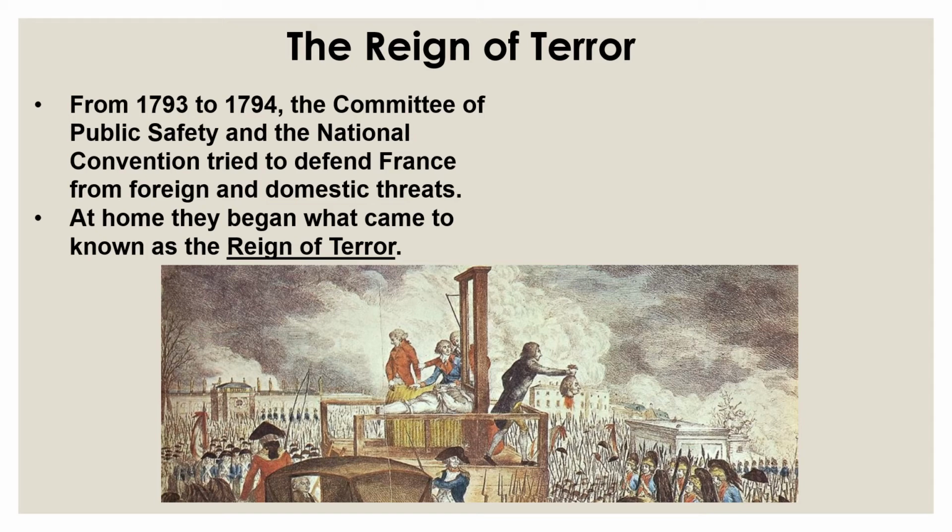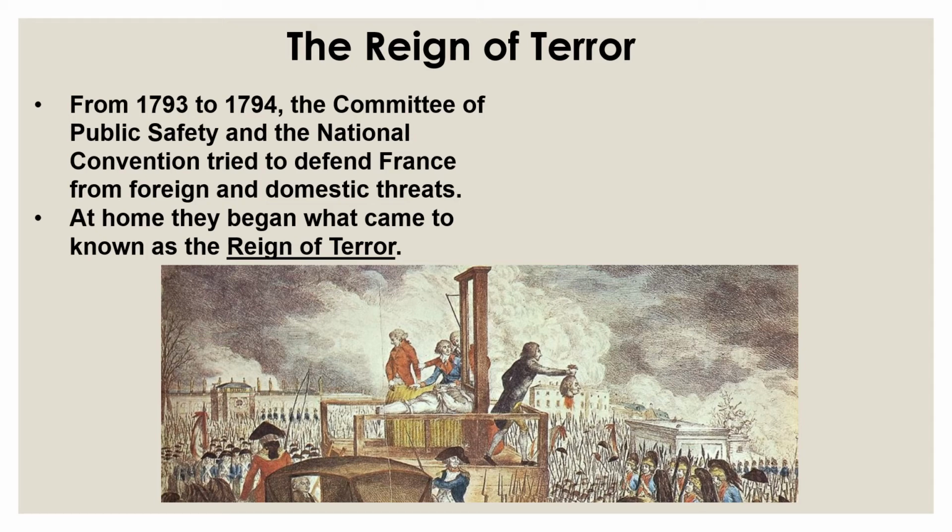From 1793 to 1794, the Committee of Public Safety and the National Convention tried to defend France from foreign and domestic threats. At home, they began what became known as the Reign of Terror.